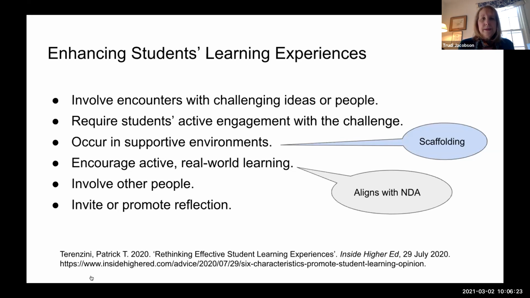And he found these elements. So involving encounters with challenging ideas or people, requiring students to really engage with that challenge, providing a supportive environment, so the scaffolding, encouraging active real-world learning, involving other people, and inviting or promoting reflection.